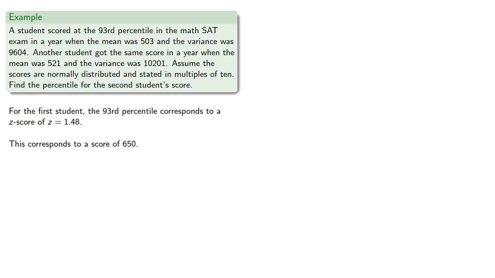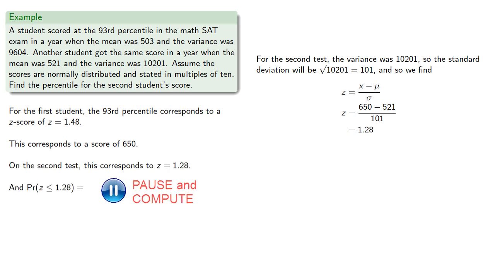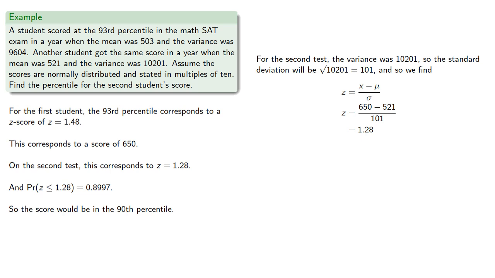Now, this is the actual score, and on the second test, this score would correspond to a z-value, and so we can find the probability that we're less than this amount. And so the same score would be in the 90th percentile.